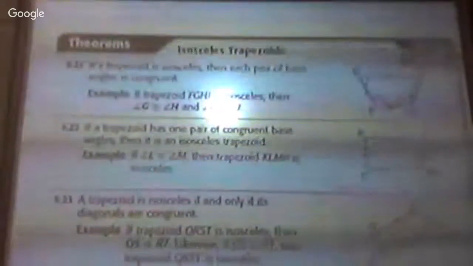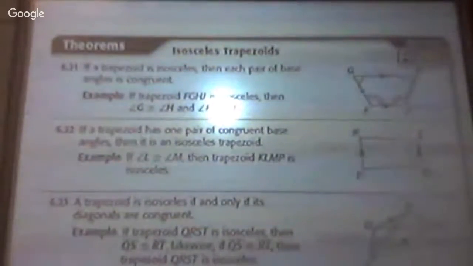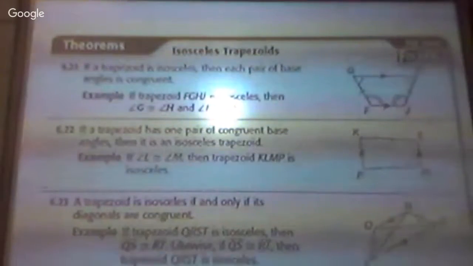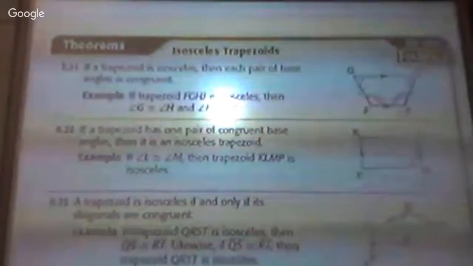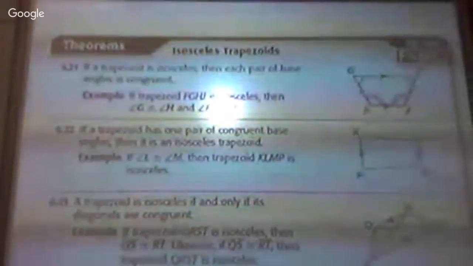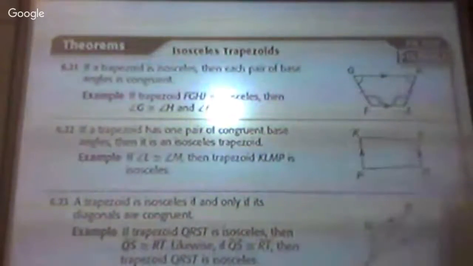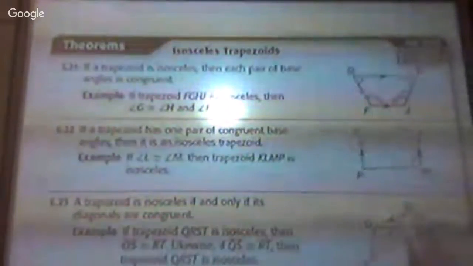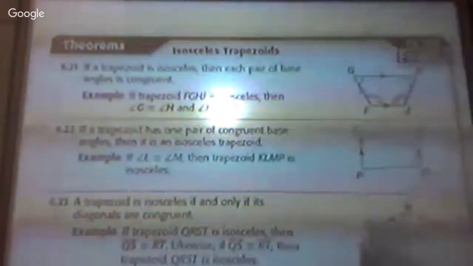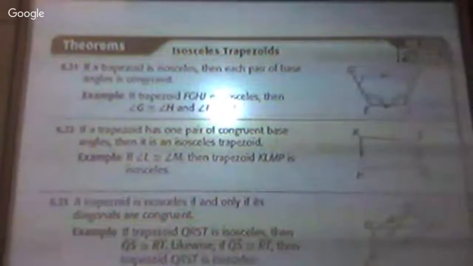Therefore, you have the theorems that I just went over on this page. So you don't have really any writing here. This is an isosceles trapezoid, but it's just turned sideways. The legs are congruent. QS is congruent to RT.